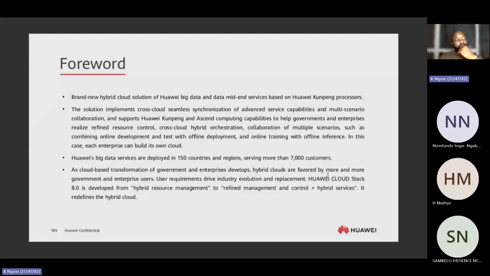You have different systems being used, for example the Huawei MRS, the Huawei MapReduce Service, which is part of the Huawei Cloud services that can help you deal with data processing. These are platforms that we can access directly through the Huawei system and deal with your data. This is part of the Huawei Cloud Enterprise.